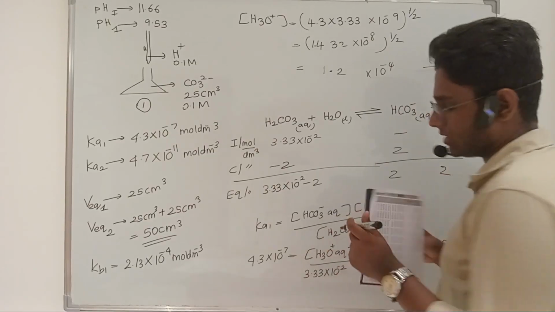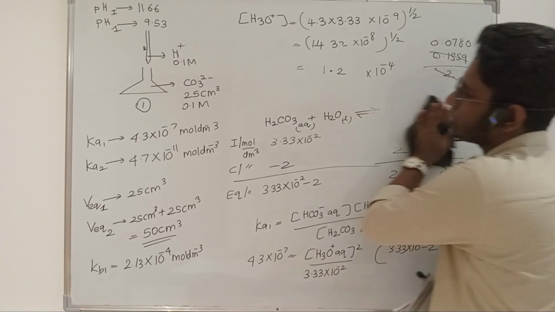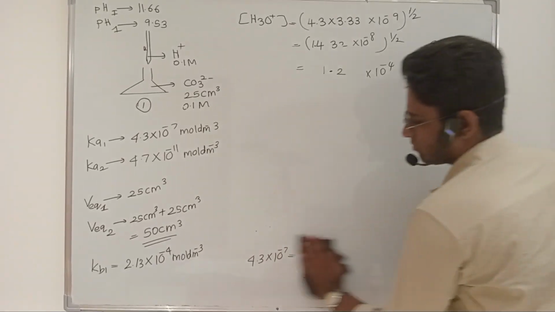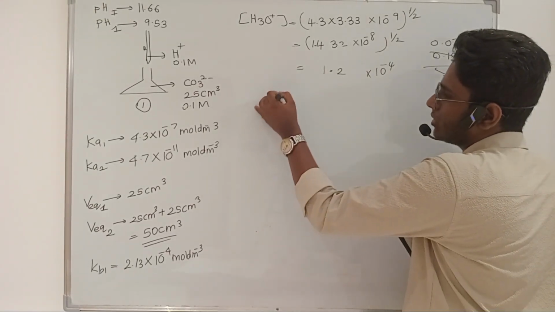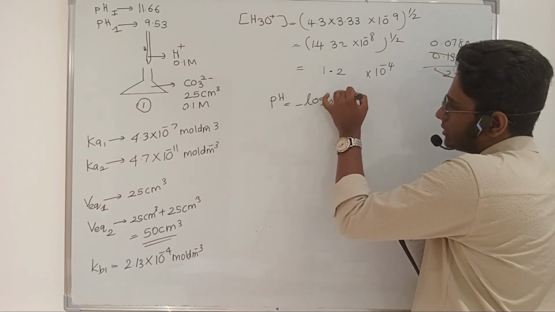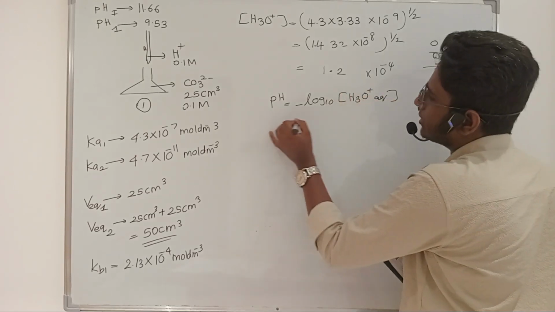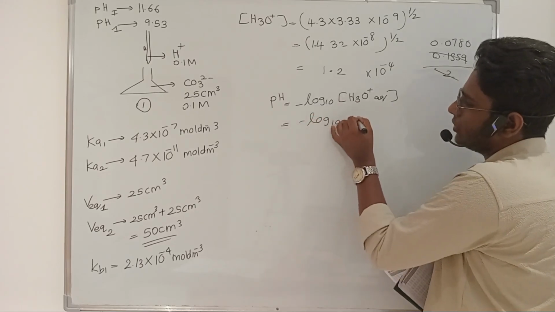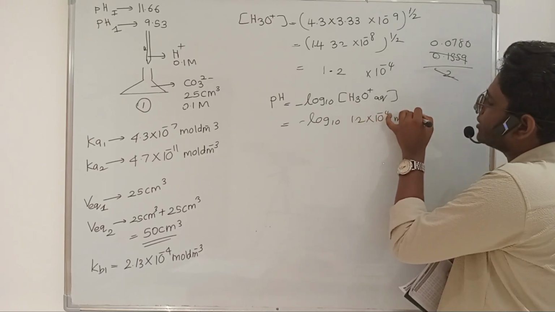Because pH is equal to negative log of the concentration of H3O+. So the concentration of H3O+ is 1.2 into 10 to the power minus 4 mol dm^-3.